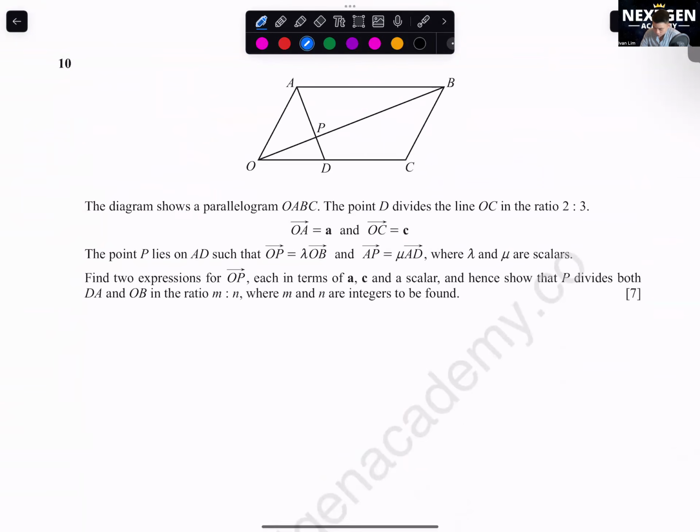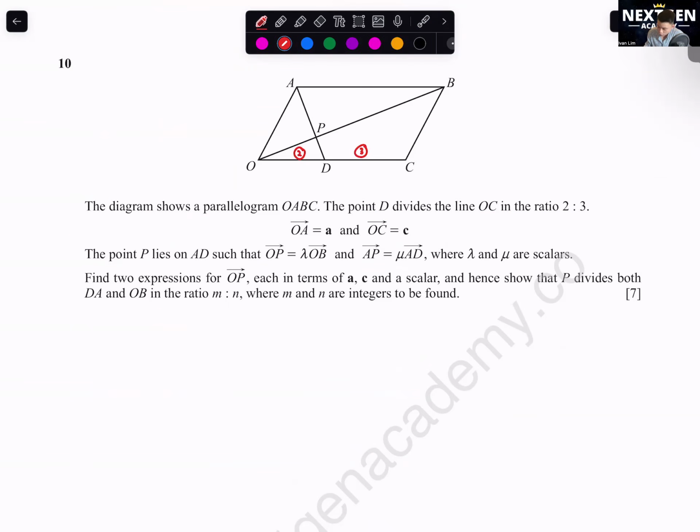The diagram shows a parallelogram. The point D divides line OC in 2 to 3. Let's write this down. Normally, when they give you the ratio, I want you all to write it down in a circle like that. 2 to 3.